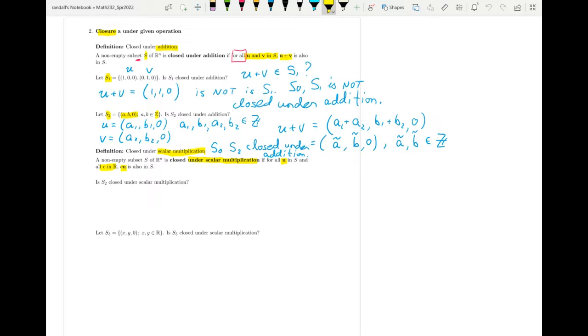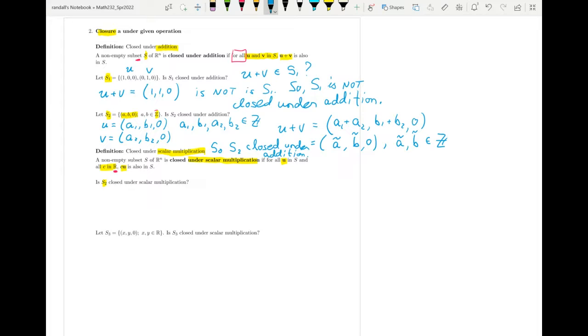Okay, so let's go to S2. So S2 is that set that's defined just above us there. Is it closed under scalar multiplication? Okay, now this one, we're going to use the fact that, I'm going to highlight it here, that our scalars are real numbers. Whereas in this definition, these components, although they're real numbers, they're very special types of real numbers. They're integers. Okay, so will that form of S2 be maintained, for a vector in S2, under scalar multiplication?